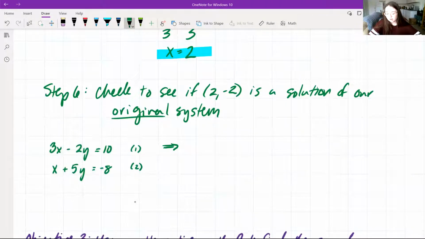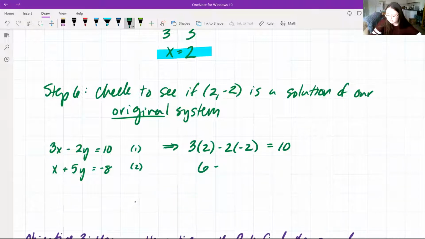So when we plug in our ordered pair 2, -2 into our first equation, we get 3 times 2 minus 2 times -2, which we said was equal to 10, where 3 times 2 is 6, and -2 times -2 is 4. So we do get that 10 is equal to 10.